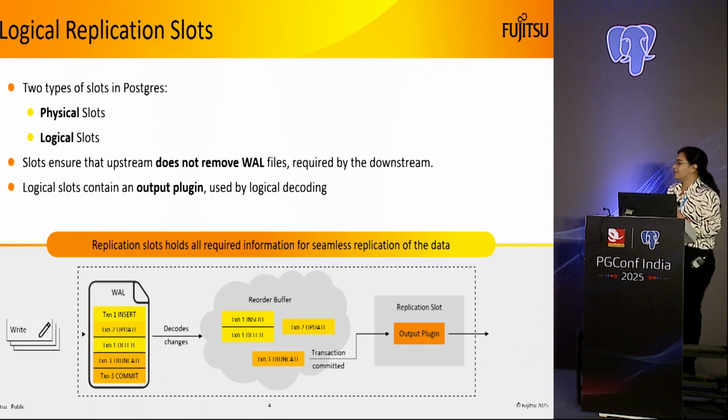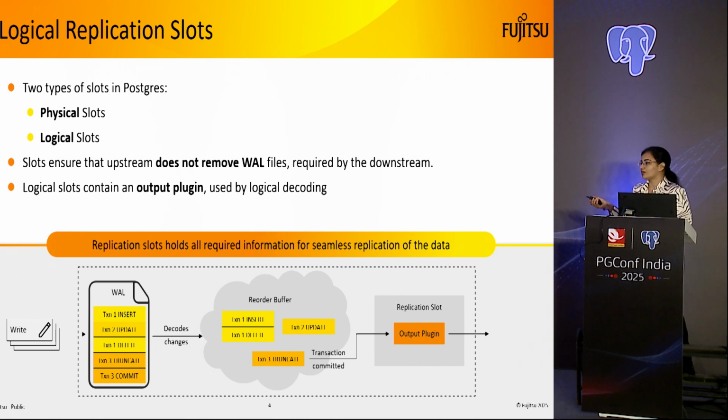So this example is a little bit of a zoom-in on the operation which happens on the publisher node when logical replication is happening. As the writes are happening on the node, the publisher will keep updating the WAL, and a background worker called walsender will keep decoding all the changes and keep them in the reorder buffer.